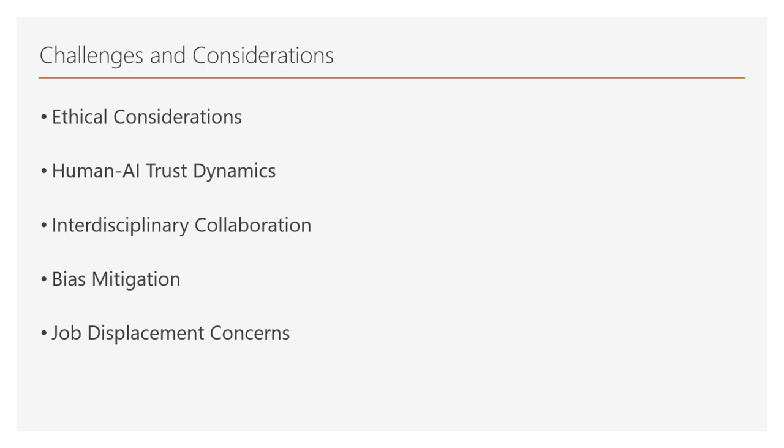Also, security is another major challenge, where collaborative AI introduces new security challenges, including the protection of sensitive data and safeguarding against adversarial attacks. To this end, robust cybersecurity measures are essential to ensure the integrity and confidentiality of collaborative systems.